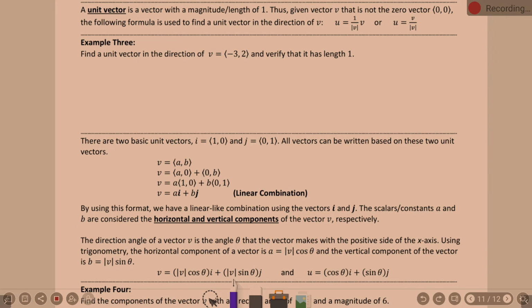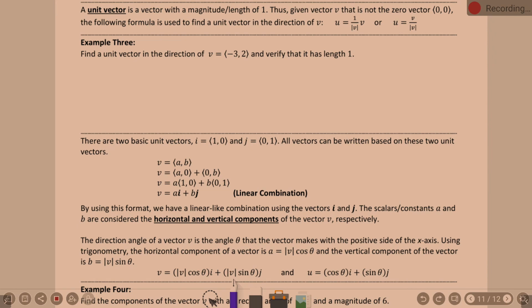Because when we talk about a unit, it's a length of 1. Thus, given vector v that is not the 0 vector, the following formula is used to find the unit vector. This applies to find the unit vector with the exception of 0, 0. It doesn't work for 0, 0.